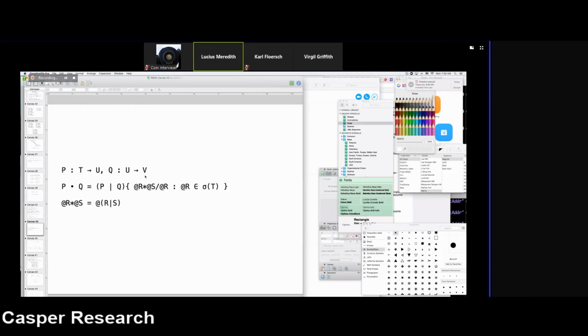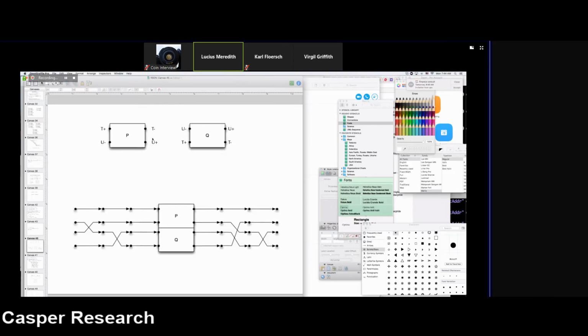So P and Q are again polarized. They only write on twisted pairs, right? So that's this picture here. So they only write to each other on twisted pairs.